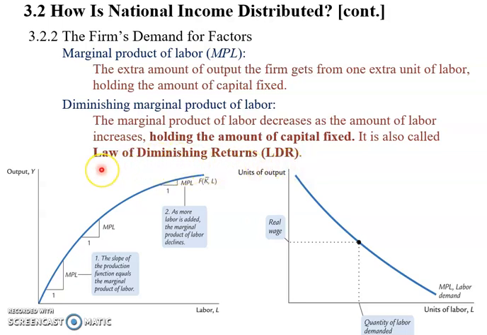Remember in your introductory course, we learned the law of supply and the law of demand, right? We said whenever we use this L word, that means we believe it's universally true. So this is probably the third law you learn in economics: the law of diminishing returns.